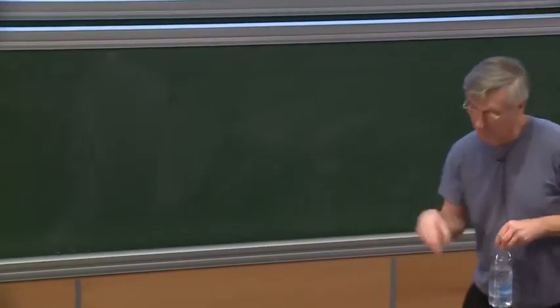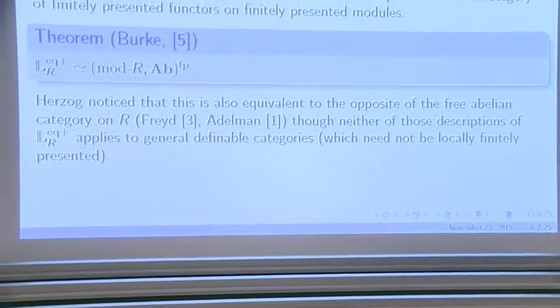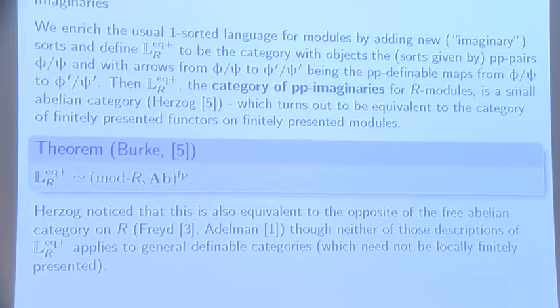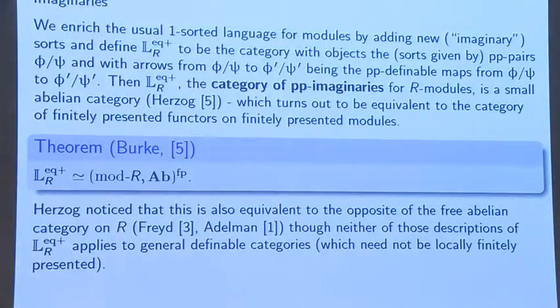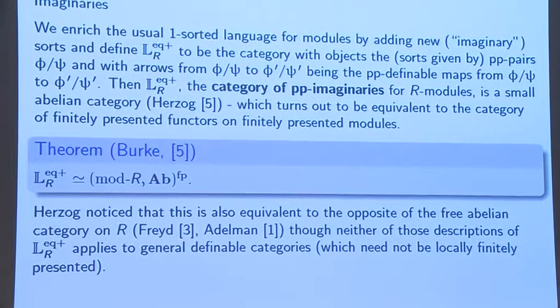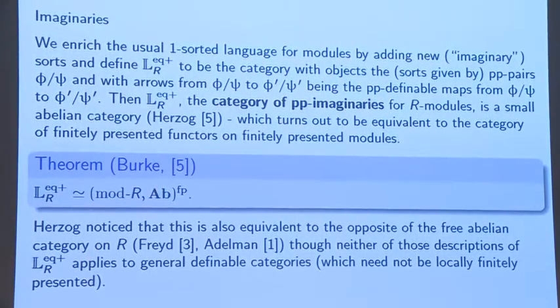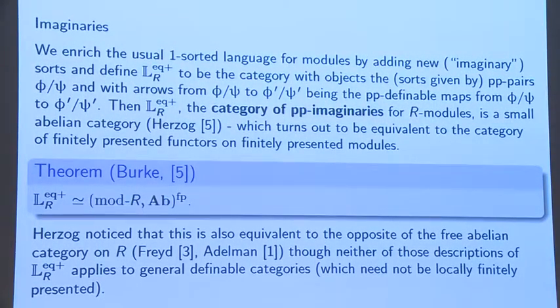We've already heard about imaginaries. I'll say what they look like in this context, or how we want to adapt them. Imaginaries were introduced in model theory by Shelah in the 70s, and they were regarded as a bit strange to begin with, but people gradually began to accept and use them. You start with a module, using a one-sorted language, where all your elements are of the same kind.